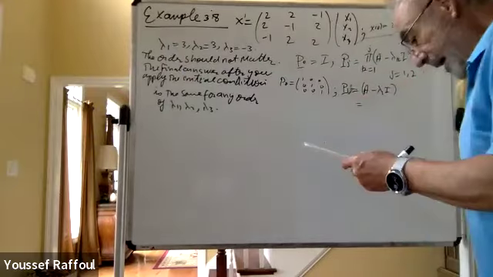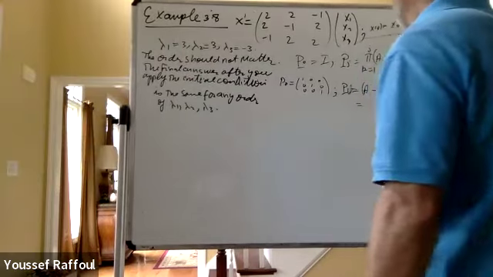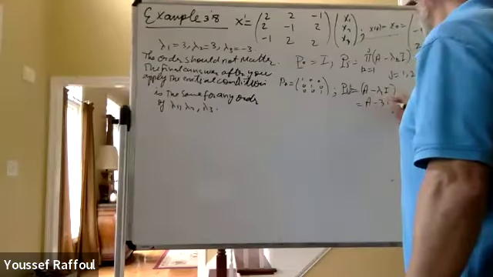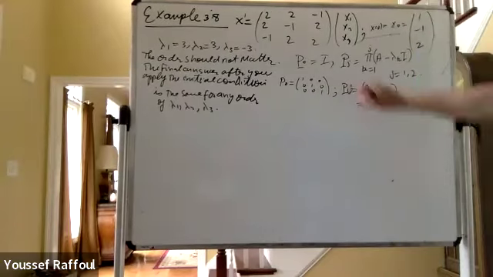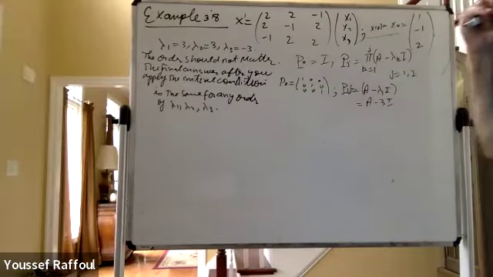And if you do that, it will be A minus 3I, correct? You know what A is, and you know what I is.